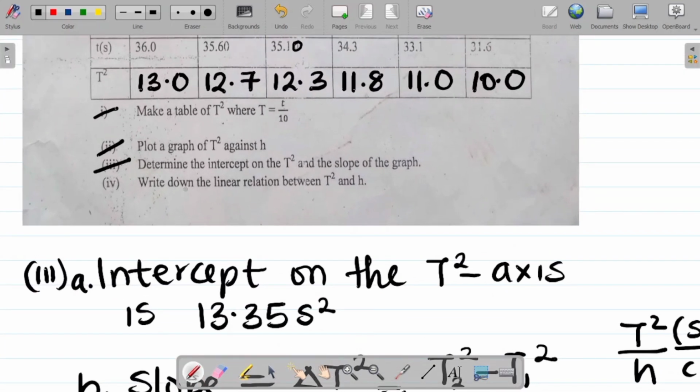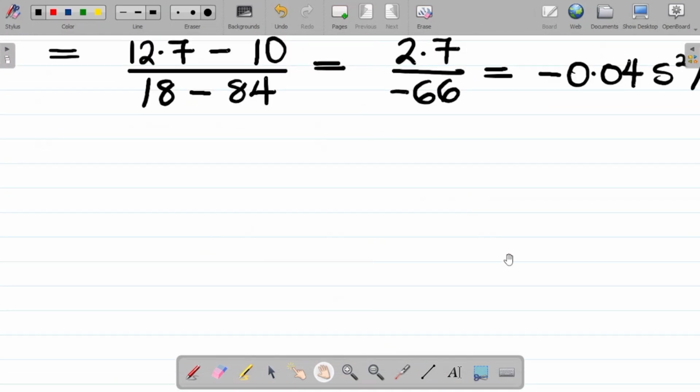Question 4 says, write down the linear relation between t squared and h. Now, what do we know about a linear relation? We know that for the equation of a straight line graph, y is equal to mx plus c.